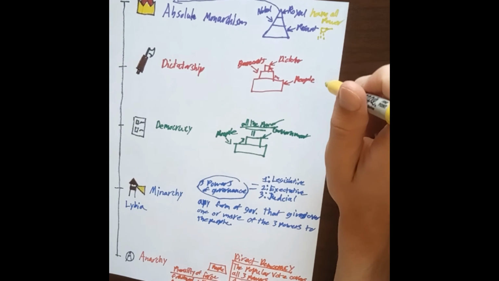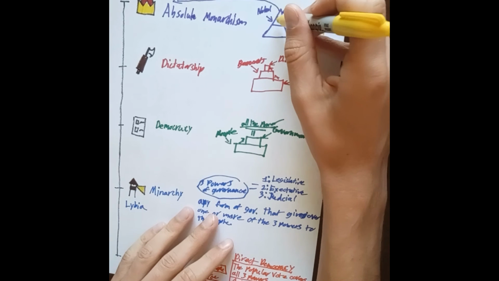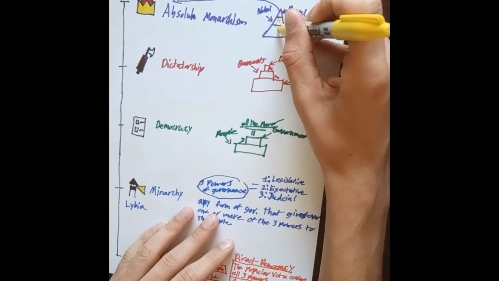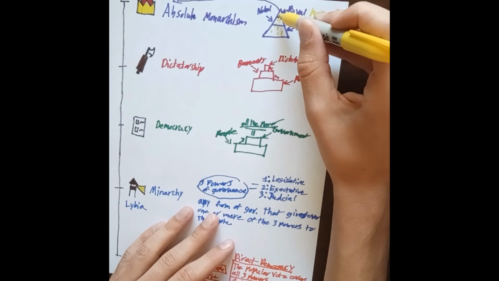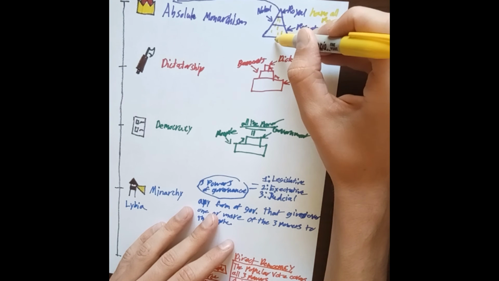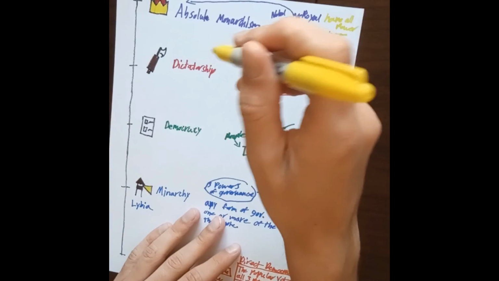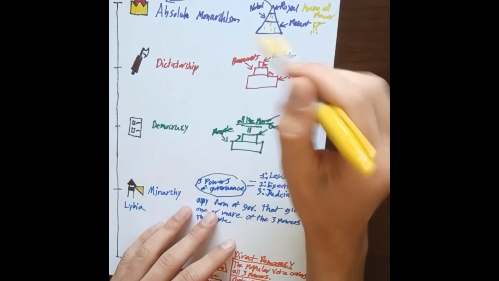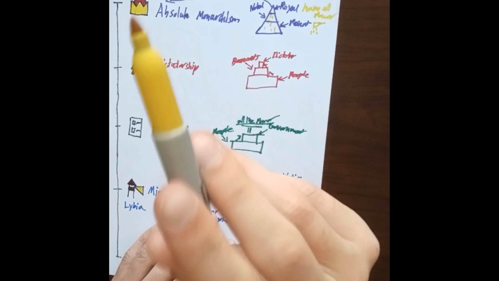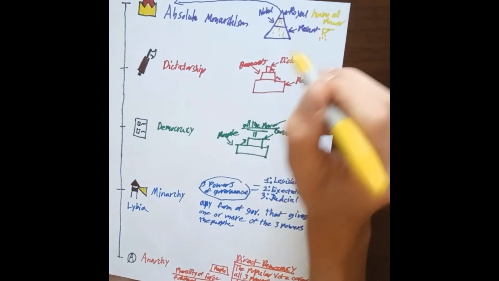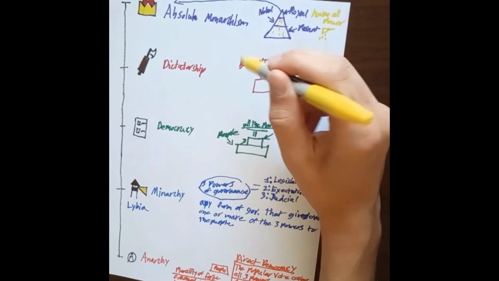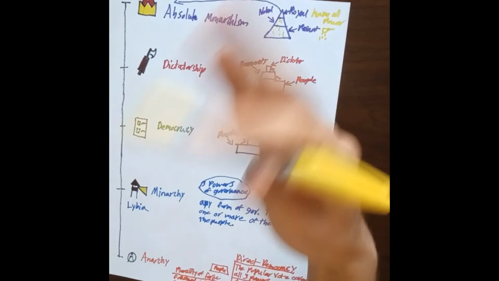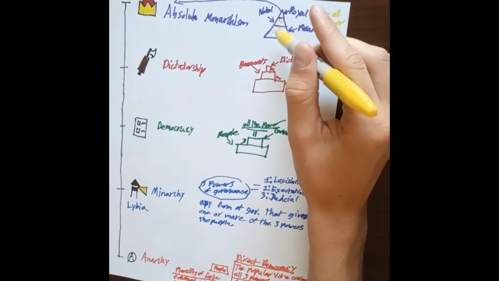Sifting stuff out, trickling down the hierarchy. So all the power goes here, and some of it trickles down. And that's it. That's all absolute monarchism is. It's just people at the top who have all the power, some of it trickles down, and so that's what causes this hierarchy to happen.